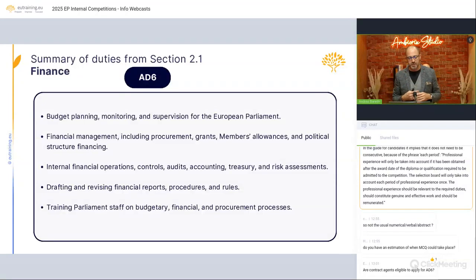There's also the training Parliament staff on budgetary, financial, and procurement rules. So everything related broadly to the financial management and audit aspects, and the procedural aspect. So there is the subject matter, the depth of that knowledge, and also the procedural side of it. So how is it managed internally?